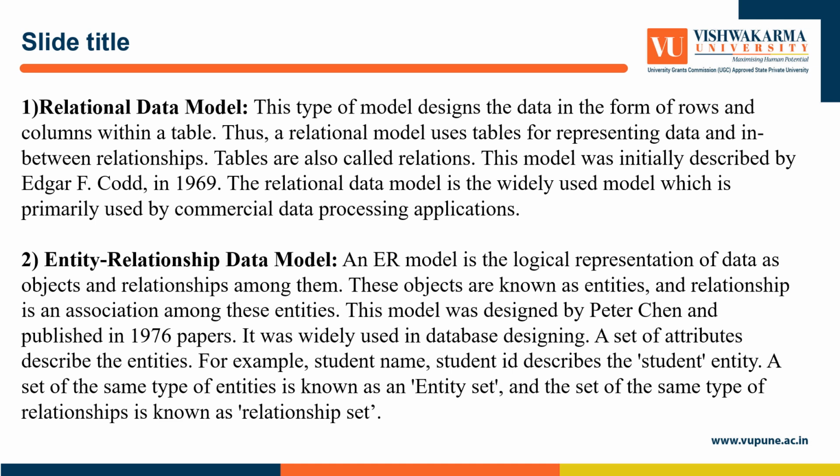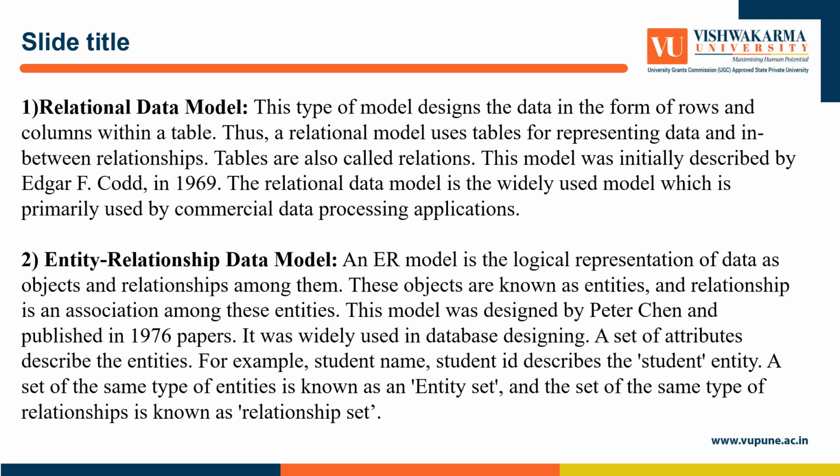The next model is the entity relationship data model. An ER model is a logical representation of data as objects and relationships among them. These objects are known as entities, and a relationship is an association among these entities. This model was designed by Peter Chen and published in a 1976 paper. It is widely used in database designing.